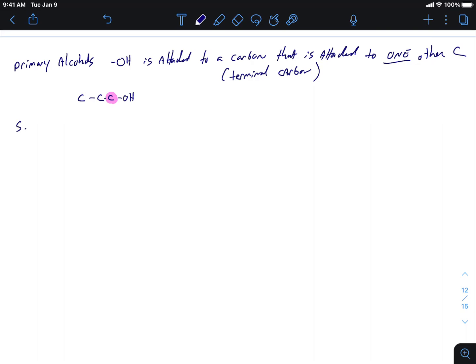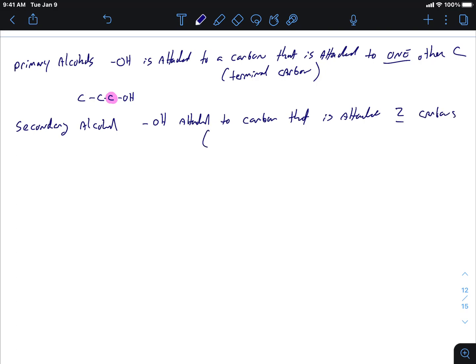Then we have what's called a secondary alcohol. And that's when the OH is attached to a carbon that is attached to 2 carbons.